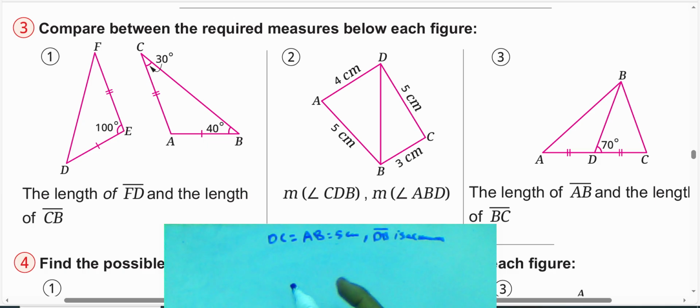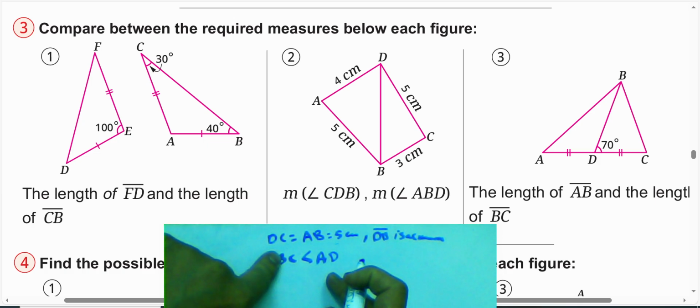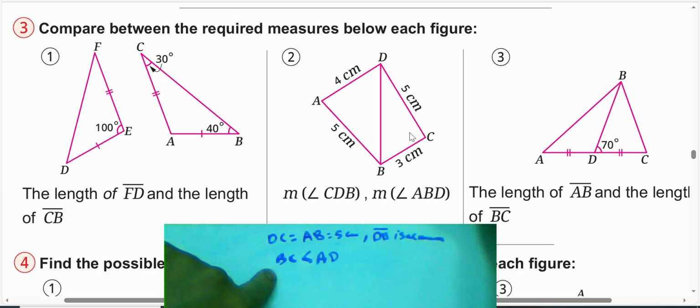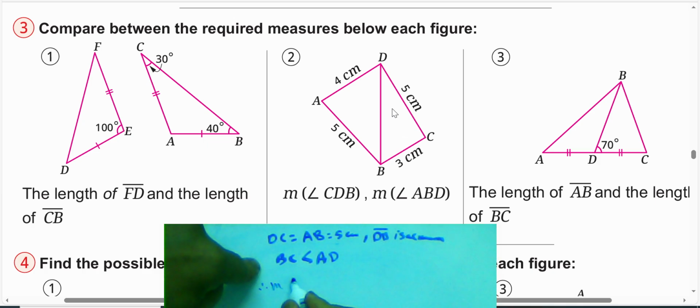BC is less than AD, because BC is 3 centimeters and AD is 4 centimeters. The angle opposite BC, angle CDB, is less than the angle opposite AD, angle ABD. Then the measure of angle CDB is less than the measure of angle ADB.